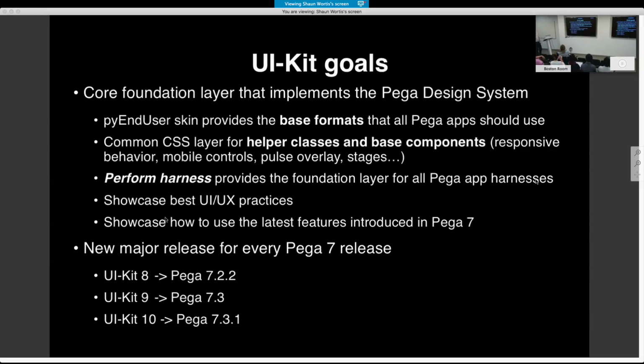We are going to make significant styling changes to how the buttons look. If you have your own skin and you are not using UI Kit, then you have to make the changes yourself in any Pega application. So the goal is to increase productivity. We want to avoid Pega application teams implementing the same thing over and over.